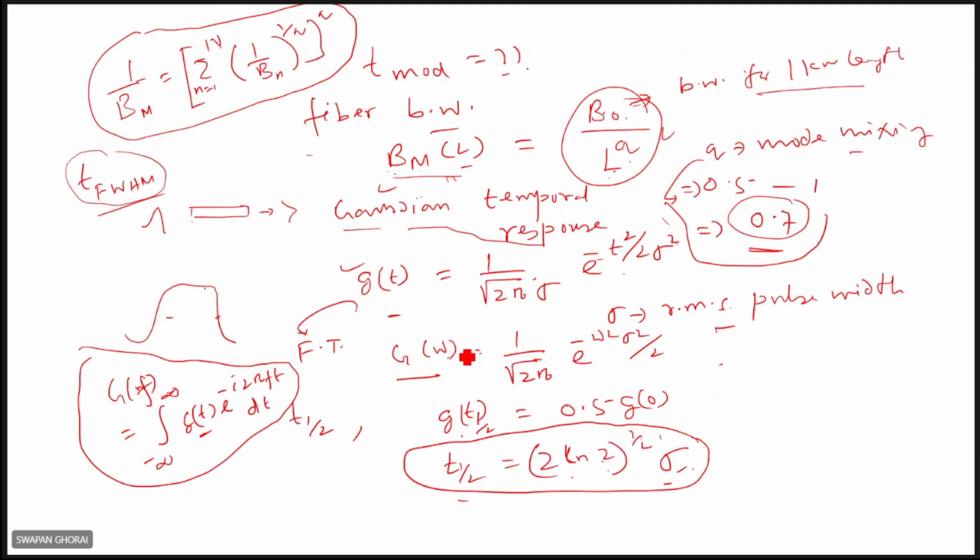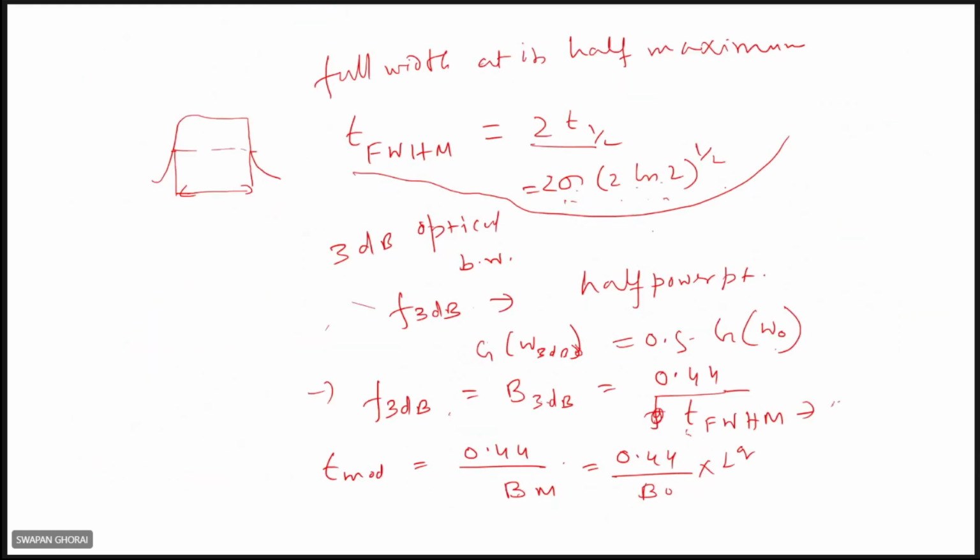So once you put omega equal to 0, and next omega equal to omega 3 dB, from that you can find omega 3 dB, where G(omega 3 dB) equals 0.5 of G0, right?